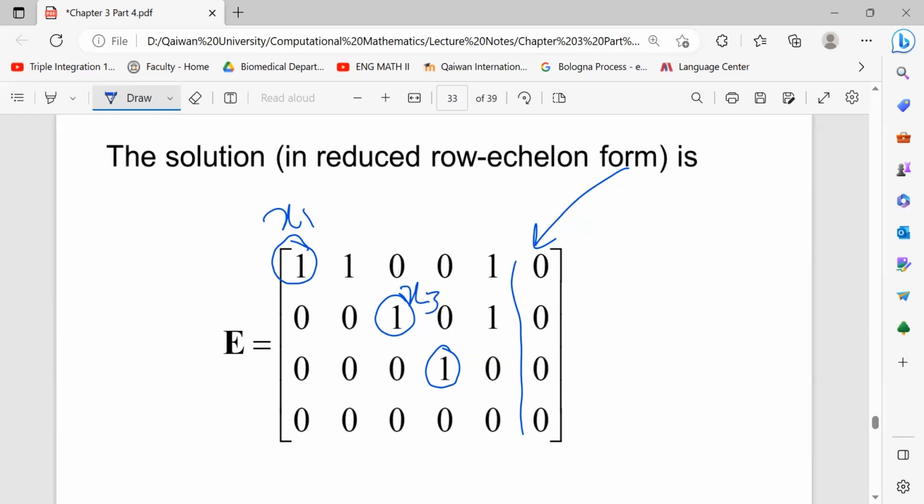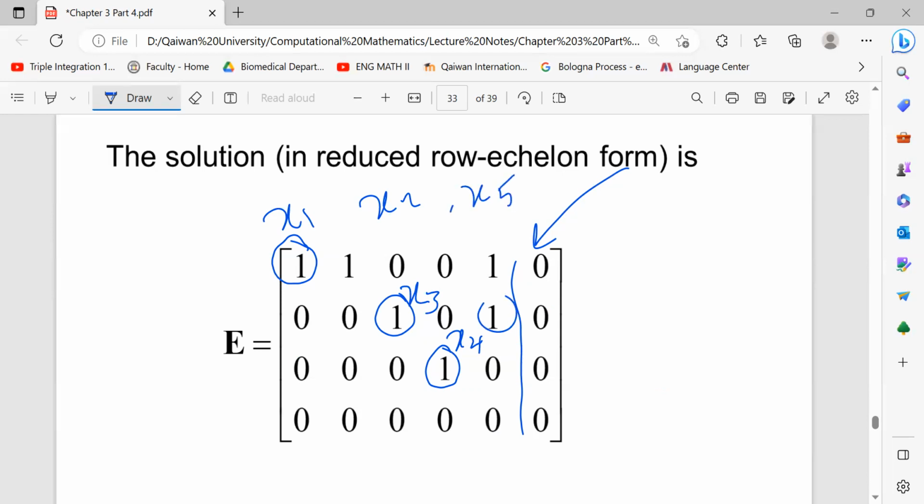The first column elements are all coefficients of x1. The second are x2, and then x3. How about this one? x4. So these are not free variables. These are leading variables. We have two free variables. What are they? x2 and x5.